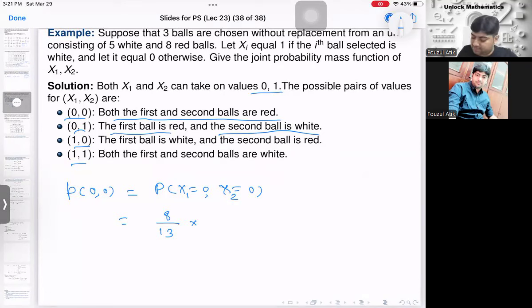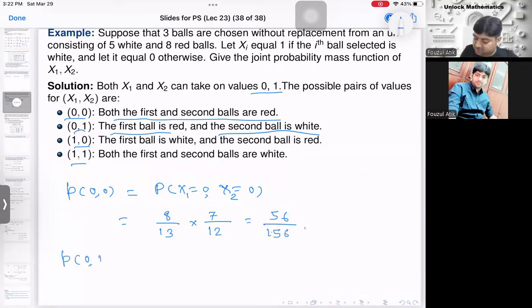That means there are 7 red balls left, divided by 12. So you get 56 divided by 13 into 12, which is 156.